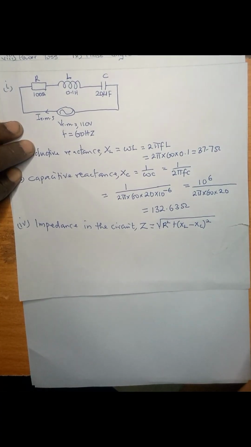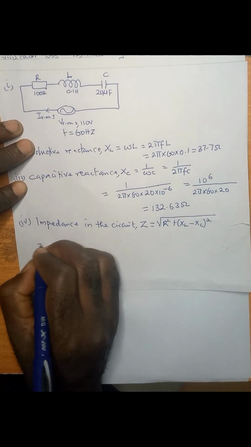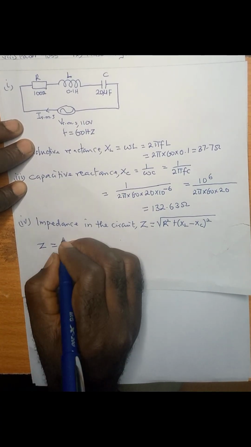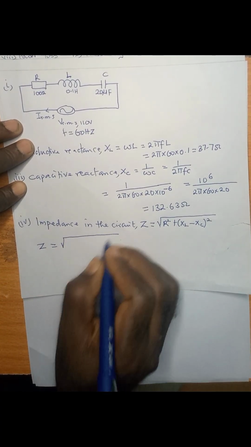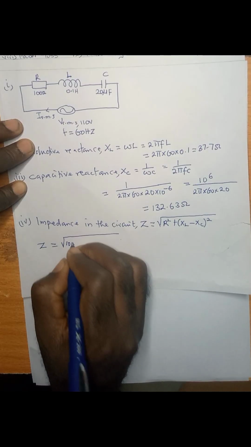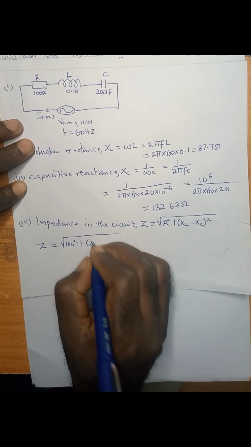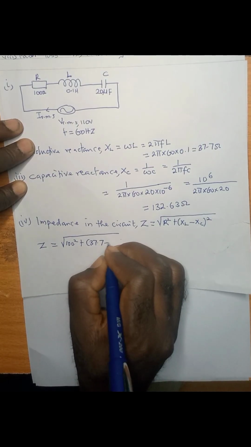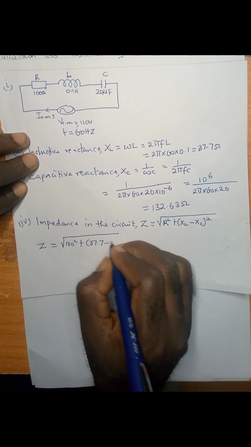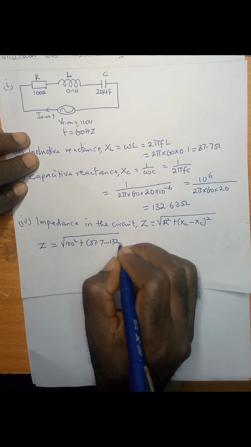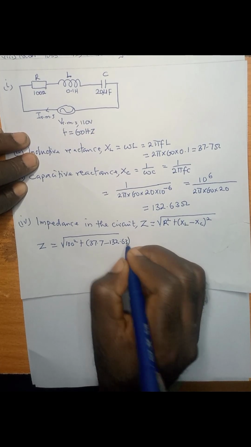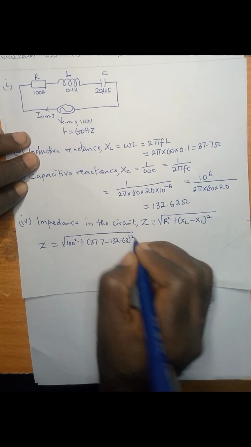This is the formula for it. Then Z is equal to the square root of 100 square, plus, open a bracket, XL is 37.7 minus XC is 132.63, close the bracket, then we square it.